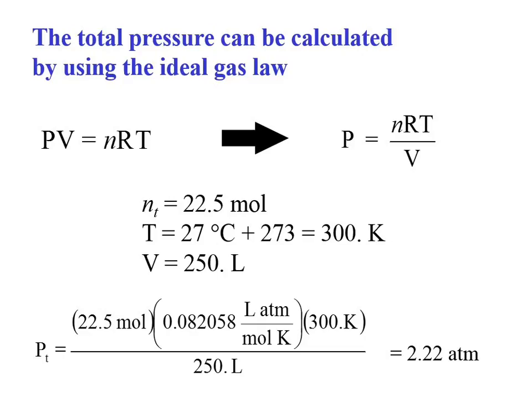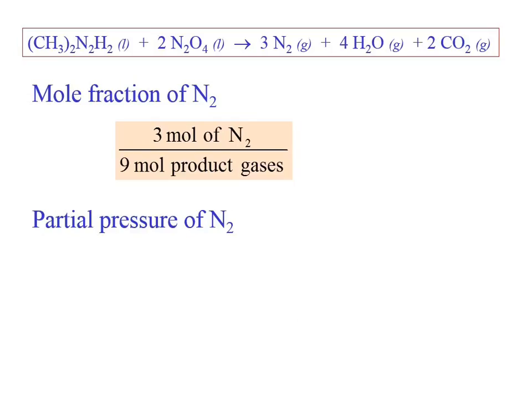The second question, we're going to go ahead and apply this sort of approach. We know the total pressure, we just have to take the mole fraction of the nitrogen gas to get the partial pressure of the nitrogen gas. So here's how that looks. Okay. Notice that out of all of the moles of gas produced, 3 of the moles were nitrogen. So actually that is your mole fraction.